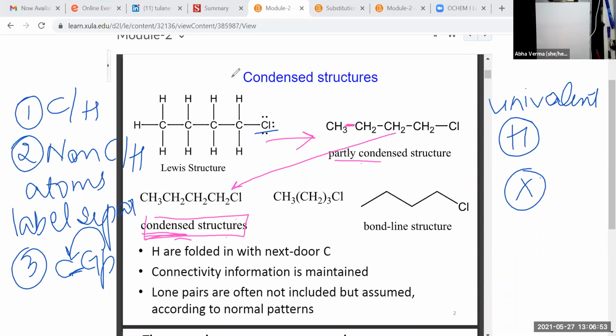The only thing that is missing, somebody wants to answer that? Oh, I was just going to say the bonds aren't there. Exactly, that's right, Nelson. Very good. The only thing that is missing is that between the moieties or these smaller parts, the bonds are missing. We are not showing any bonds in between these groups anymore.